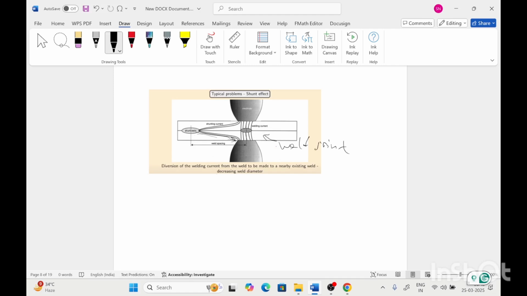So the diversion of the welding current from the weld to be made to a nearby existing weld decreases the weld diameter. So the weld diameter of this second joint will decrease due to this shunting current. This problem can be overcome by using AC current or changing the polarity.